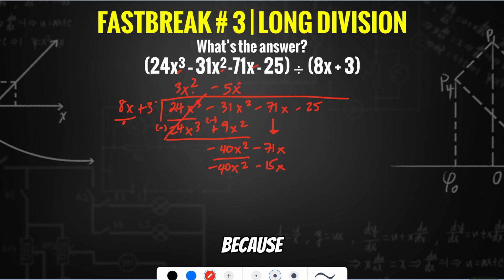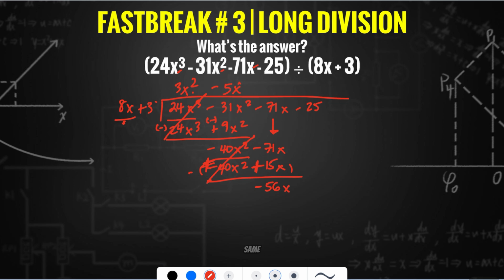And then, because we're going to subtract them, change the sign to positive and then positive. Negative 40x squared plus 40x squared, 0 or cancel. Negative 71x plus 15x, we have, you may use your calculator here, but I've got negative 56x.